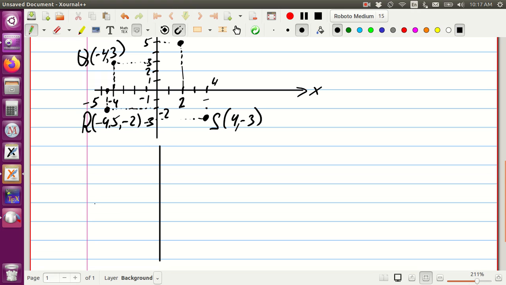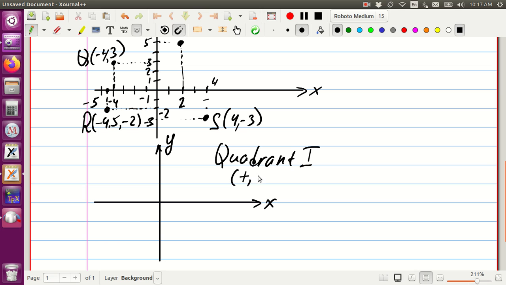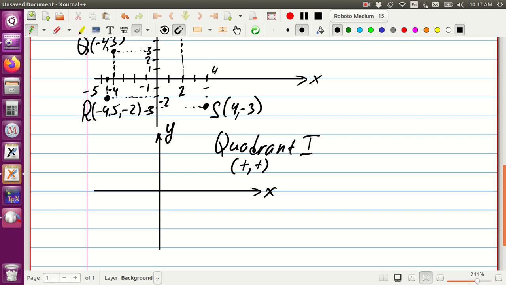And one small idea that is going to be useful for us is to take the XY plane or Cartesian plane and subdivide it into 4 parts. This would be quadrant 1, and both X and Y are positive in this quadrant. This will be quadrant 2, and Y is positive but X is negative, so I have minus and plus.